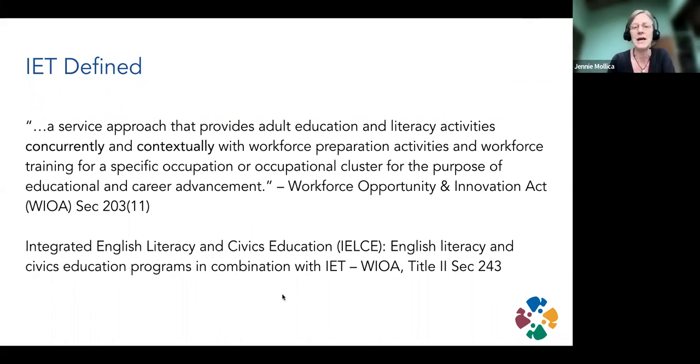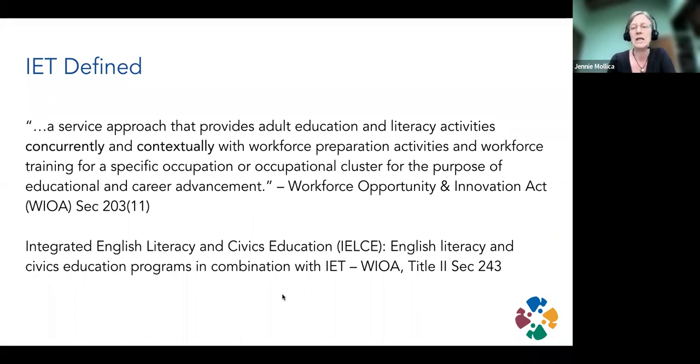And California has been operating IET programs since then, really delivering on the vision of WIOA, which is to offer adult education and literacy concurrently and contextually with workforce preparation, workforce training in a specific occupation or occupational cluster, and with these goals of educational and career advancement.